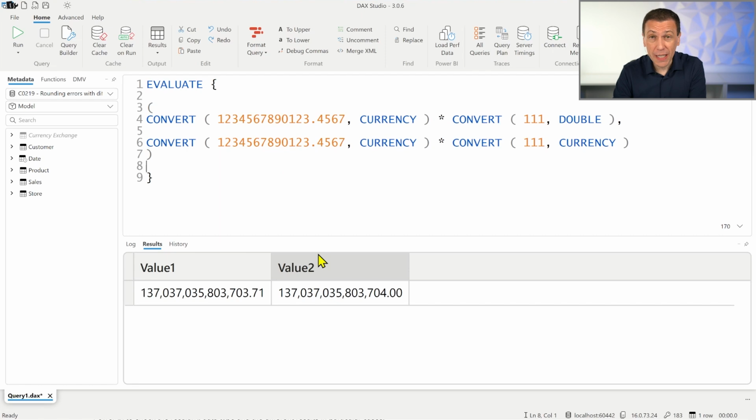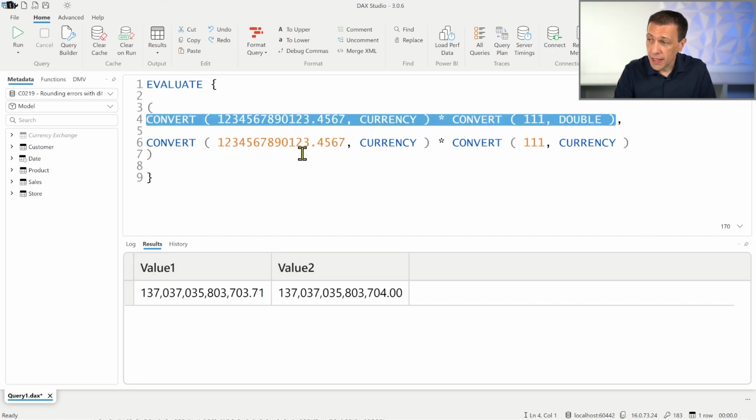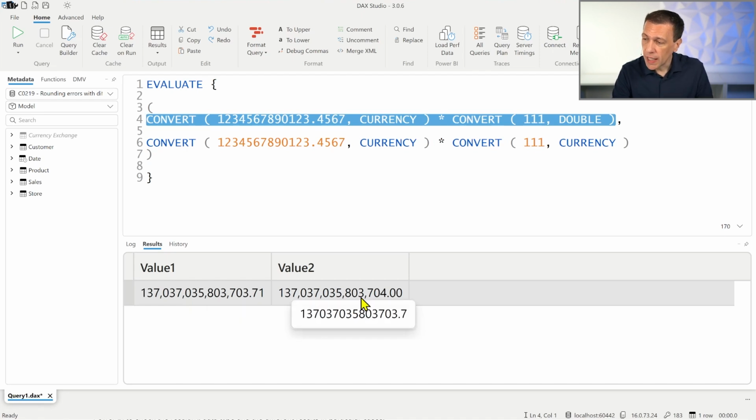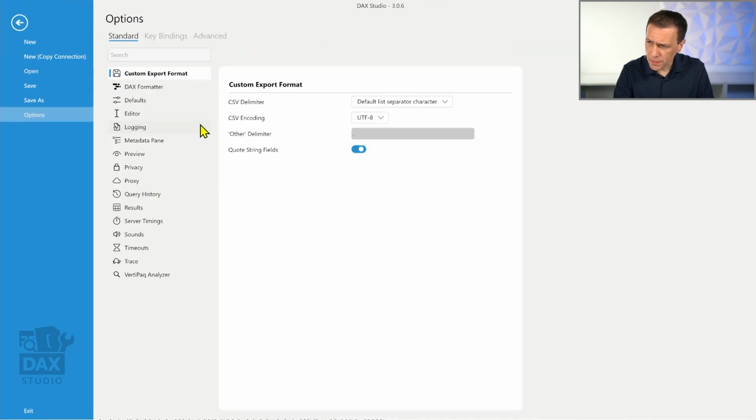And so if we compare side by side, value 1 is the result of this calculation that produces a currency data type, and this has more significant digits in the result. You also see that the number has been rounded to 2 decimal points by the auto formatting of DAX Studio. Actually, I could disable it, which is probably better.